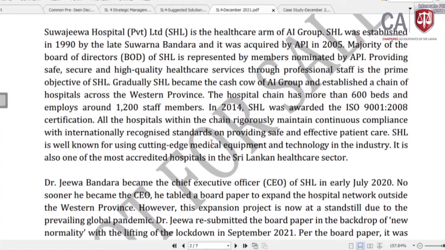Excess cash is generated by a cash cow, right. SHL became the cash cow of the AI group and established a chain of hospitals across the western province. So, they have so many hospitals. The hospital chain has more than 600 beds and employs around 1,200 staff members.